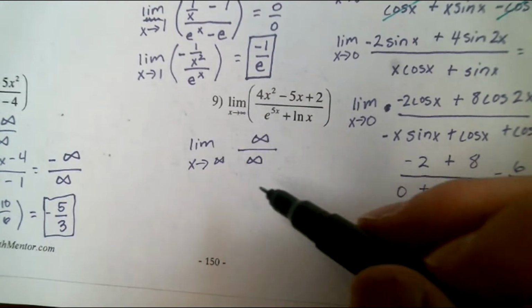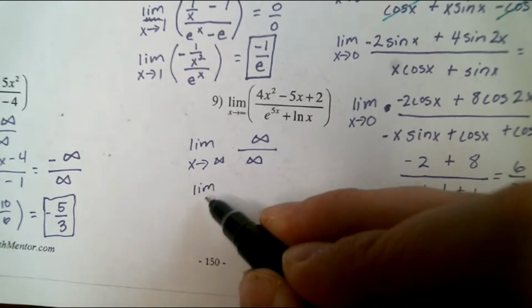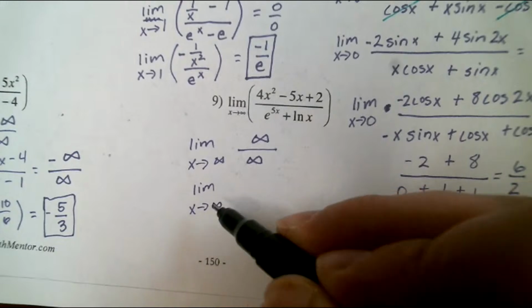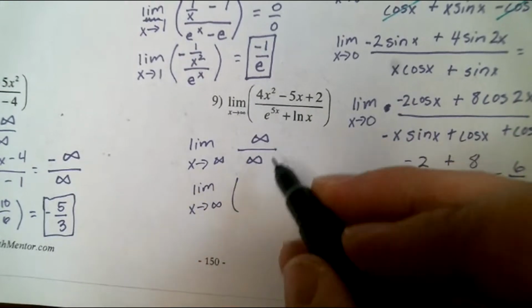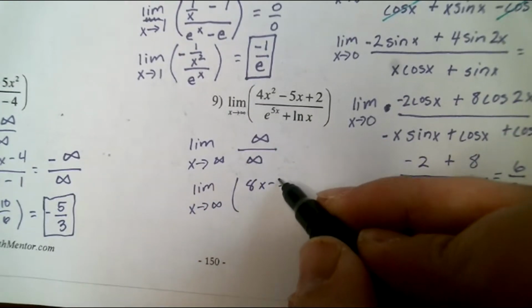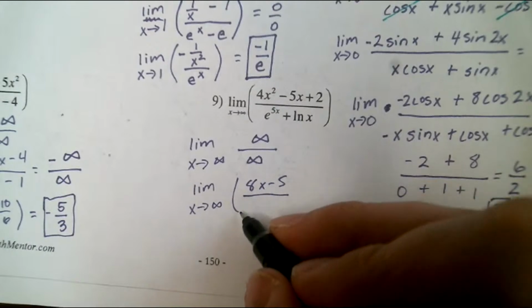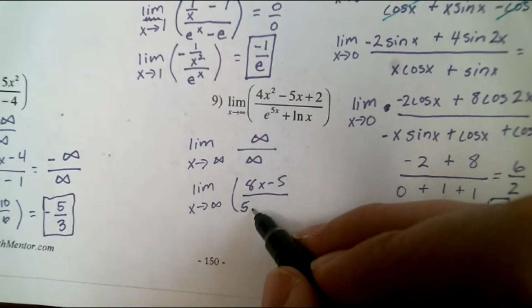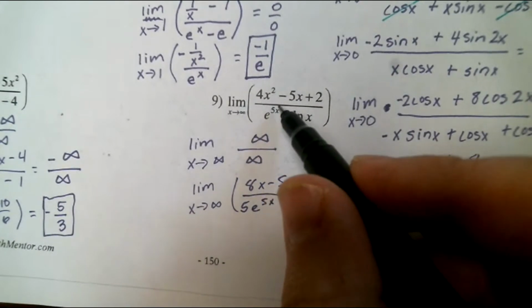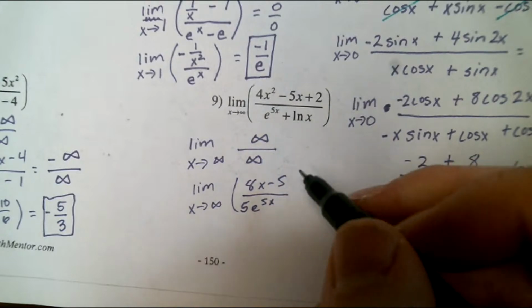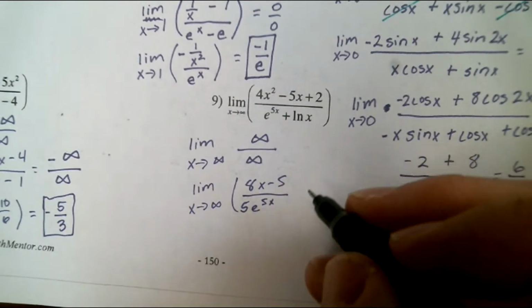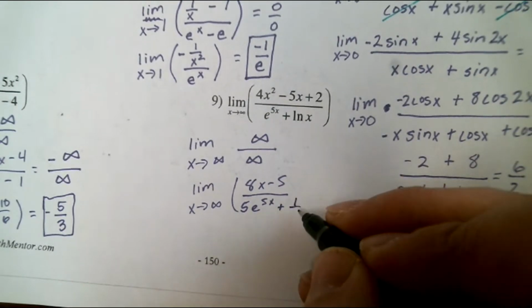Going back to deriving it, the limit as x approaches infinity would be 8x minus 5 over 5 e to the 5x. Remember, multiply this times the derivative of the exponent, and then plus the derivative of ln of x, which is 1 over x.